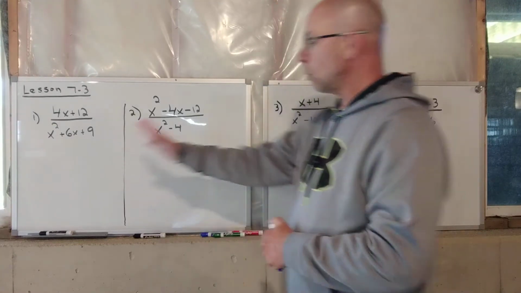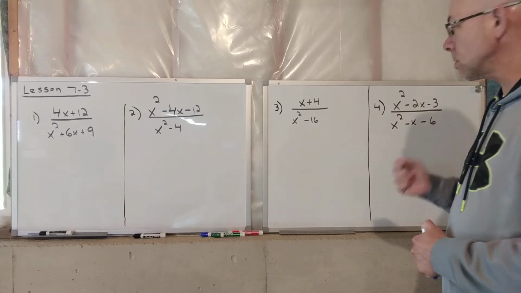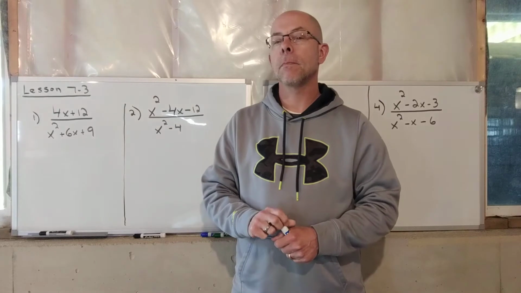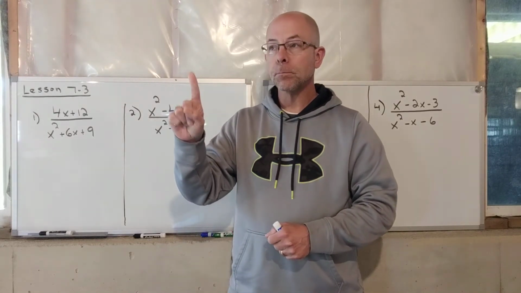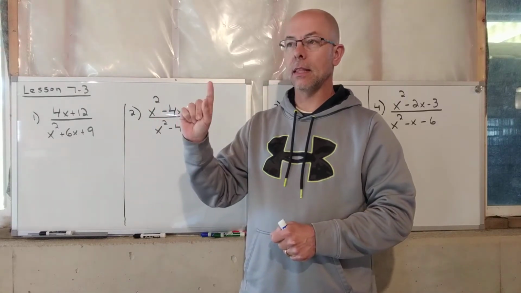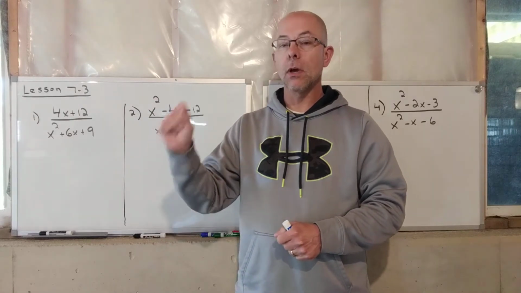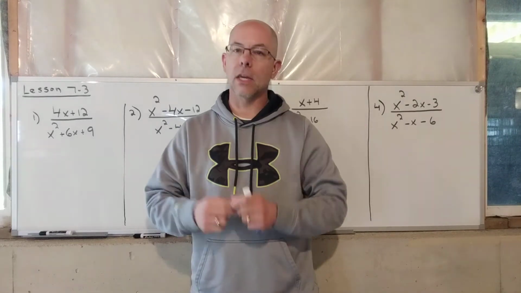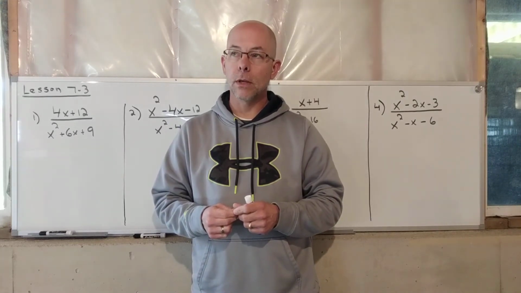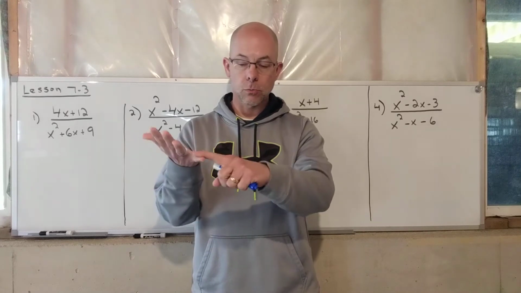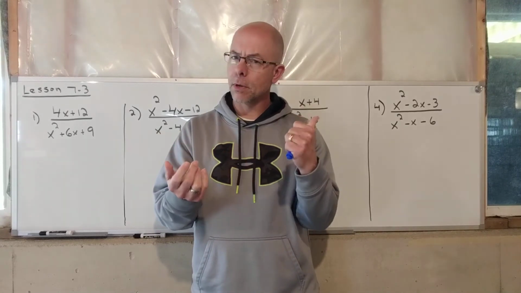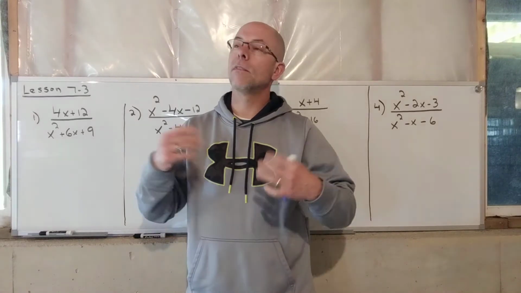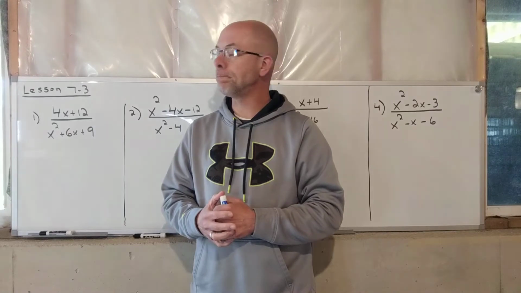So we've got these 4 examples across my boards, and in all 4 we're going to do the same process. Step 1: if anything in the entire problem factors, we're going to factor it. That means if there's a greatest common factor, take care of it. If it's a binomial difference of squares, subtraction of perfect squares, that was in the previous video if you reviewed factoring techniques, we do that.